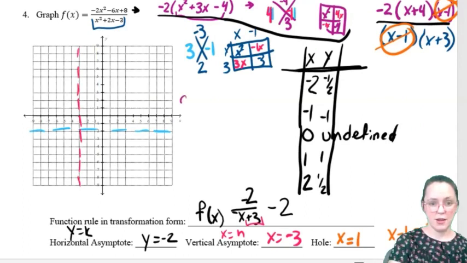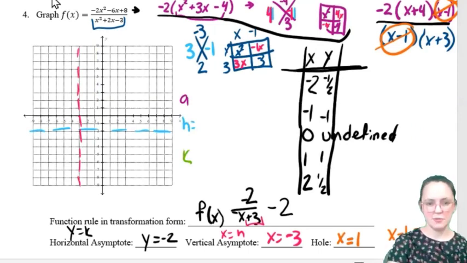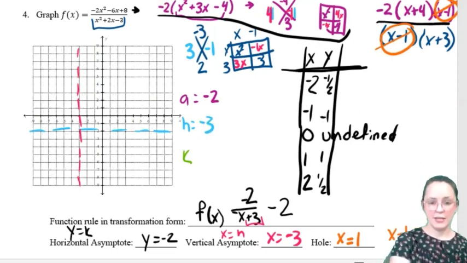So let's go ahead and write out our a, h, and k. I know I already used our h and k, but we're going to write them again. A is the number on top, so a is -2. H is inside the function and has the opposite sign, so our h is -3. And our k is the number added on the end, it's -2.